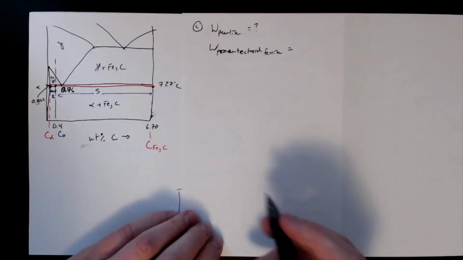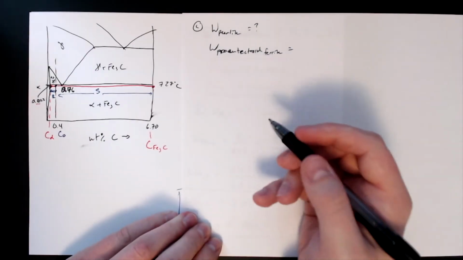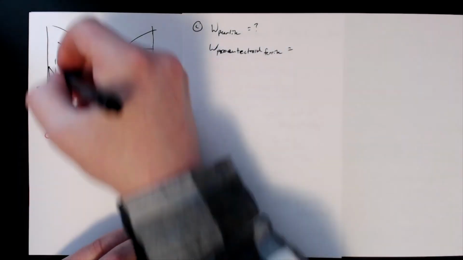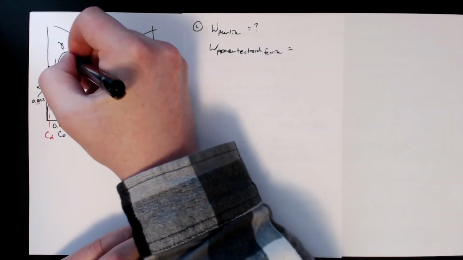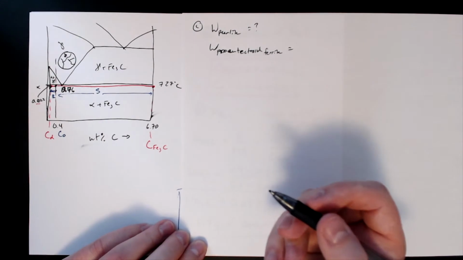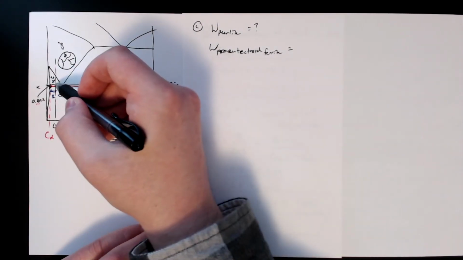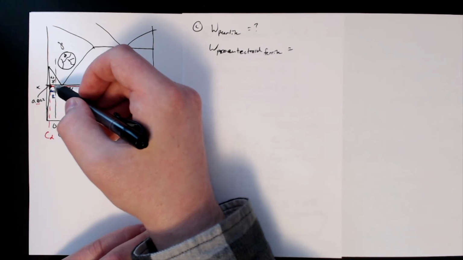So here I just want to go back to this diagram, right? As we showed in the previous module, the structure of this is grains of gamma. All of these are grains of gamma. And then in this region, we form alpha.